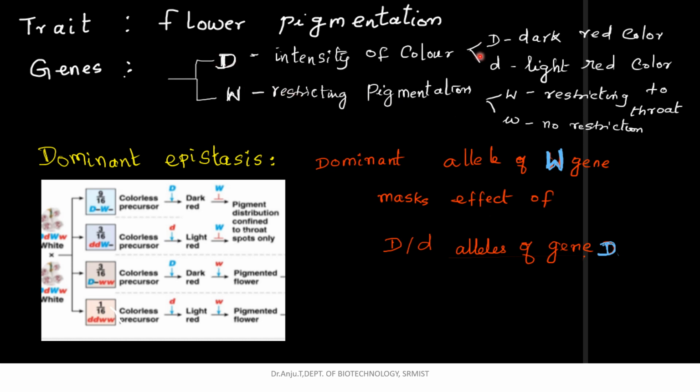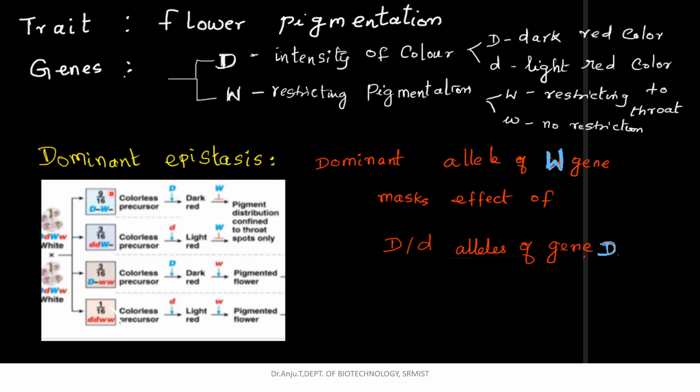The D gene has two alleles: the dominant allele is responsible for a dark red pigmentation and the recessive allele small d for light red. The W gene has a dominant allele responsible for restricting the pigmentation to the throat of the flower, whereas the recessive allele does not restrict the color, so the entire flower will be colored.